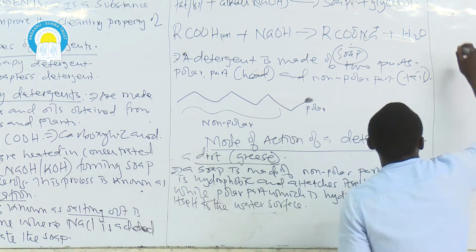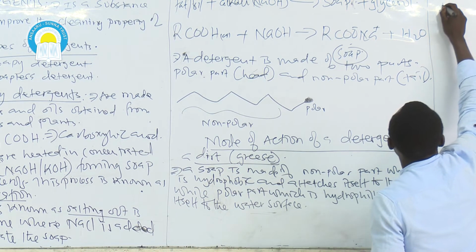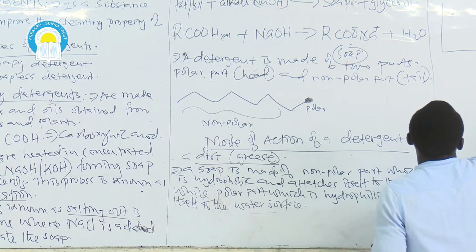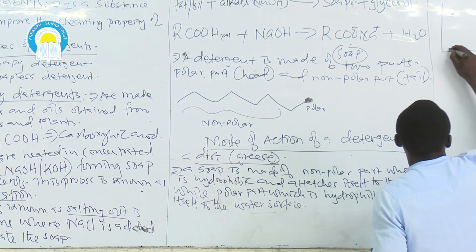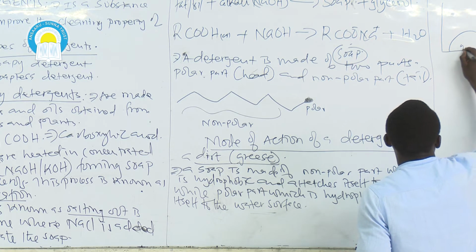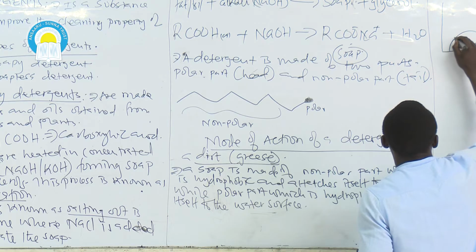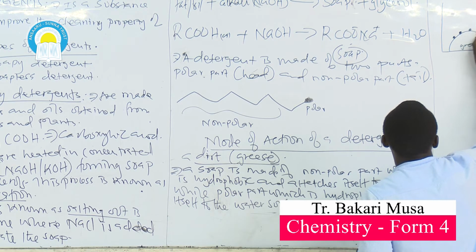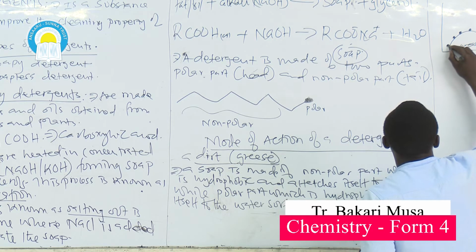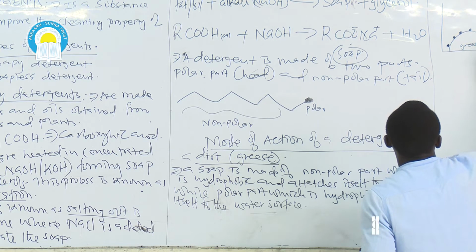So if this is the substance that maybe you are cleaning off, we have this as what we are cleaning off. Then we have the grease here. This is grease. So we have those ones representing the detergent.